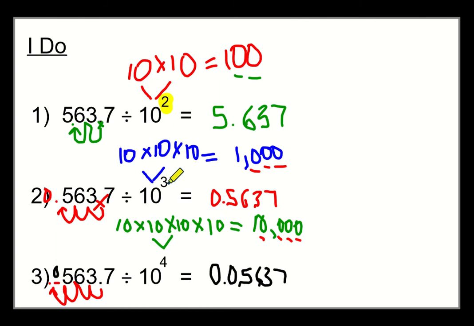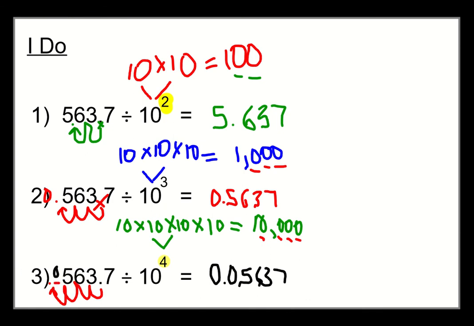Here I have 10 to the third power, so that tells me I need to move my decimal over 1, 2, and 3 places. And here I have 10 to the fourth power, so that tells me I need to move my decimal over 1, 2, 3, and 4 places.